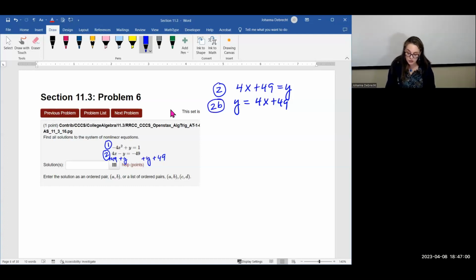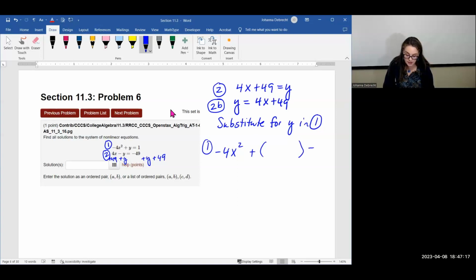And I'm going to take 2b and I'm going to substitute for y in equation 1. In equation 1, I have -4x squared plus y, so I open up an empty set of parentheses, then equals 1. I'm going to be substituting this 4x plus 49, which is going to go in this space here, which represents the y value.